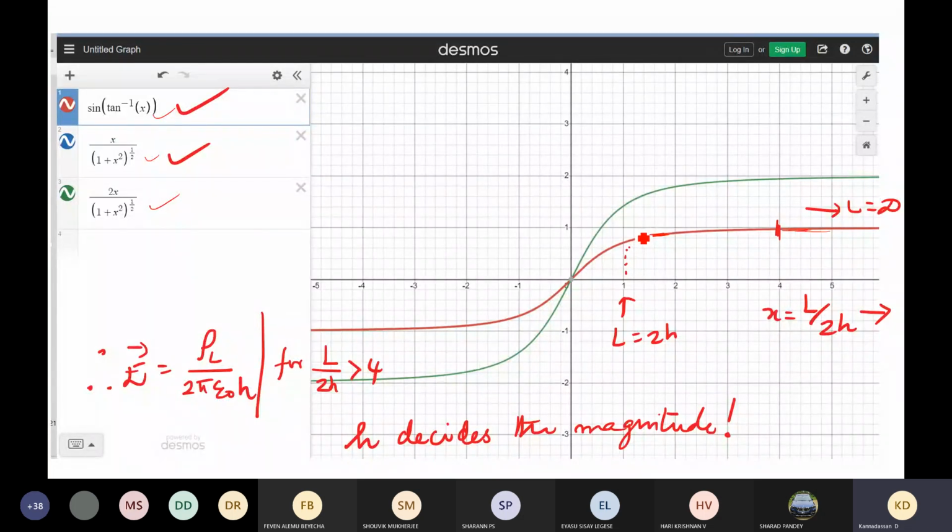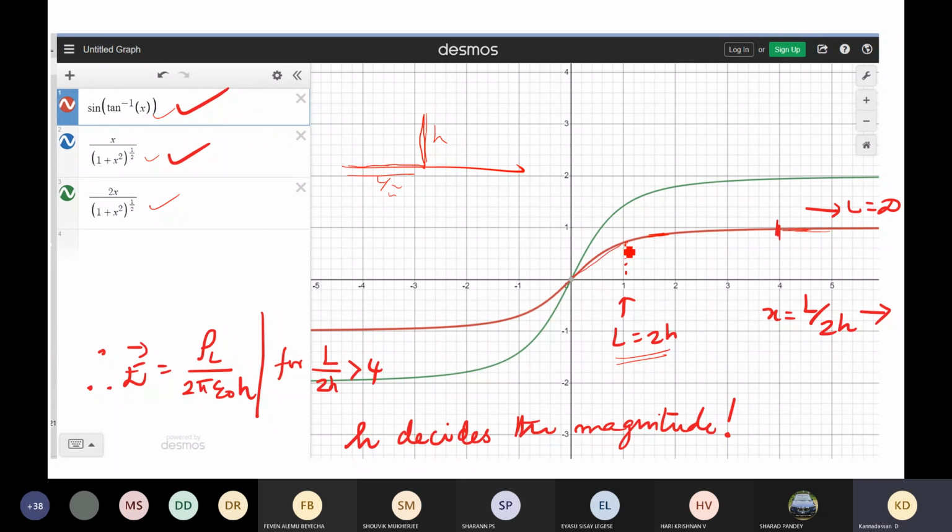The interesting fact is that this is the length of the line and the height. You can call it L by 2 and H. So when L by 2 equals H, that is the meaning, when these two are equal, you get the value of 1 for x.